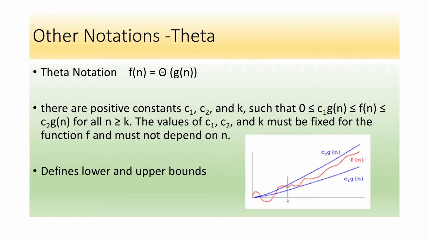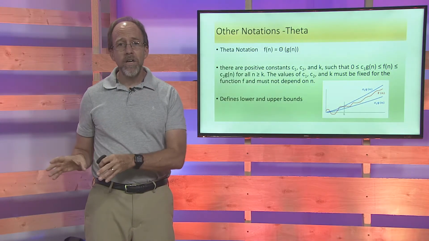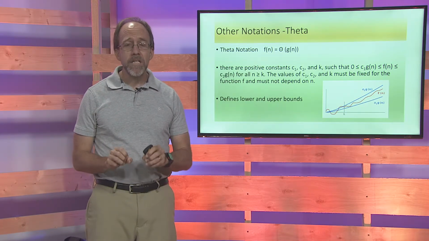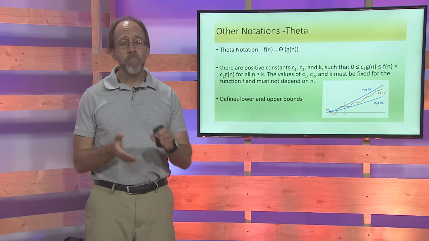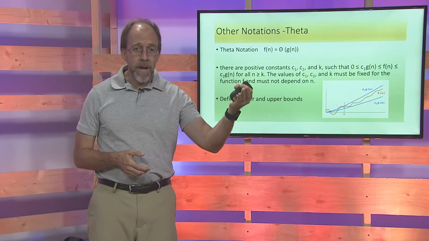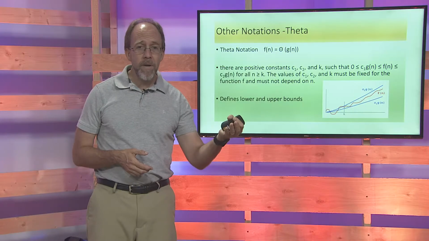Again, these are the same concepts as we have with big O, but different ways of looking at the problem. Strict upper bound, lower bound, both bounds, exact numbers, all different ways of looking at the algorithmic complexity.